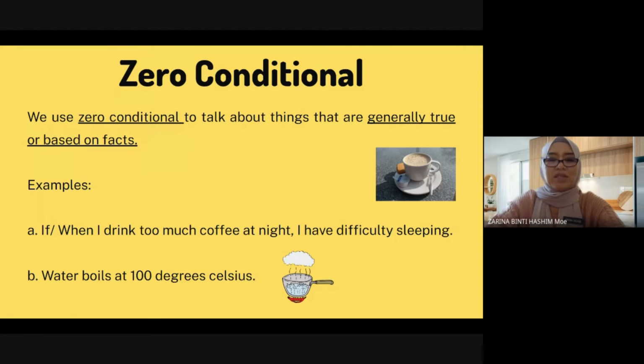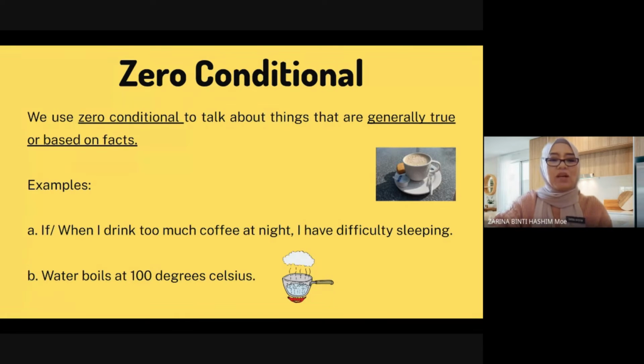In other words, it is true, it is a fact, something that is not to be questioned. When we talk about zero conditional, it means something that you cannot question. What do I mean by something that is not to be questioned?